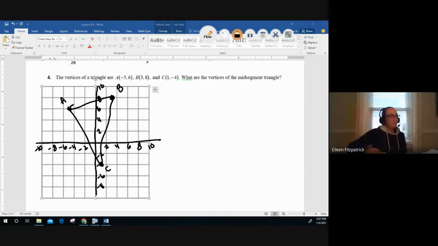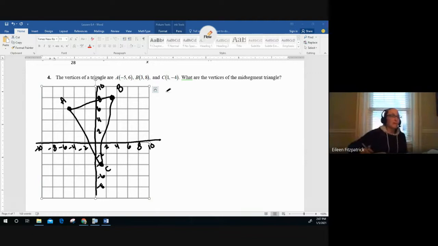So to go from here to there, I'm going up 2 units, remember I'm counting by 2, and then I'm going over 1, 3, 5, 8, 9 units. So I'd only go up half of that way and over half of that way to get to the midpoint, right? So I would go up 1 unit and I'd go over, I forget what I said my over movement was, 4 units, whatever it is.